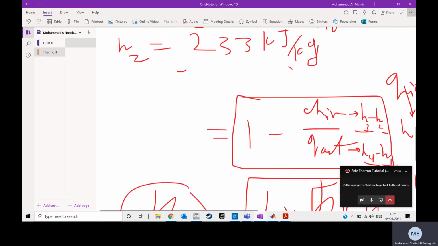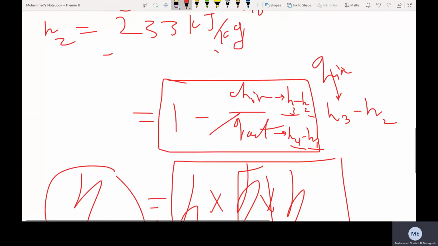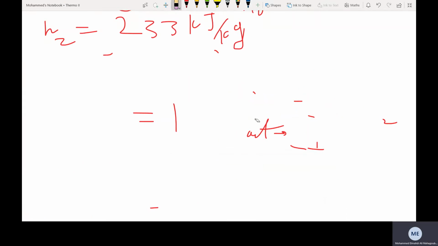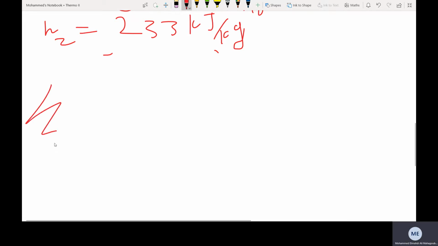Now I know all the points. And now my combined thermal efficiency is going to be, let me delete all these, the efficiency of the combustion, which was 0.86, times the thermal efficiency of the cycle, which is 1 minus.